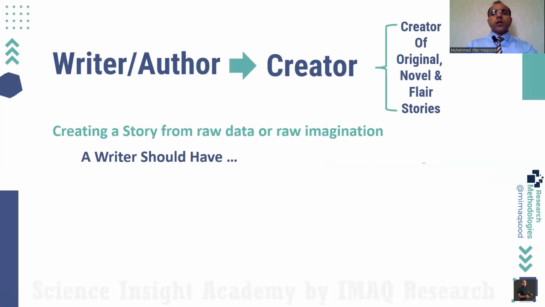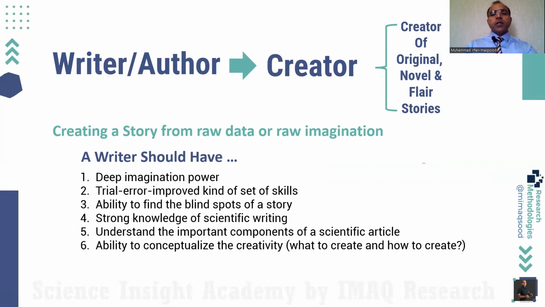A writer is creating a story from some raw data or raw imagination. So a writer should have deep imagination powers. They should know the trial and error improvement set of skills. They should have the ability to find the blind spots of the stories. They should have strong knowledge of scientific writing, and they should understand the important components of scientific articles.